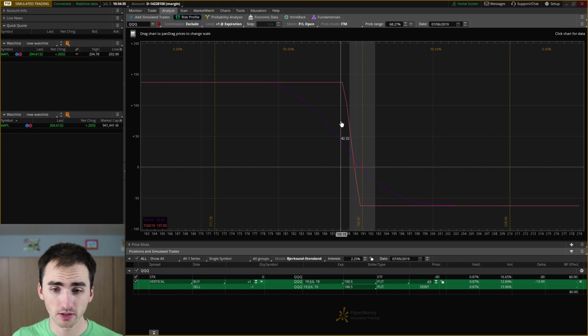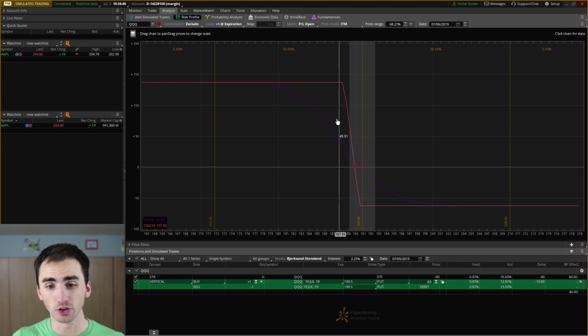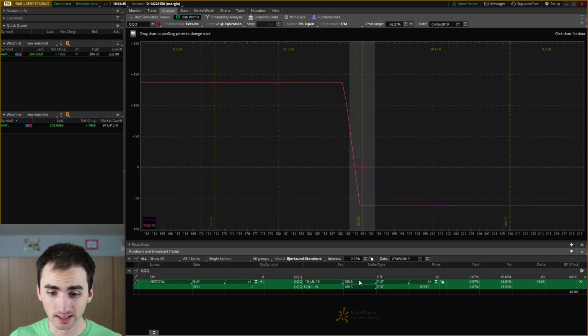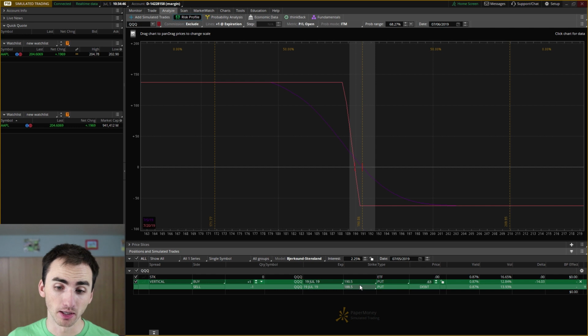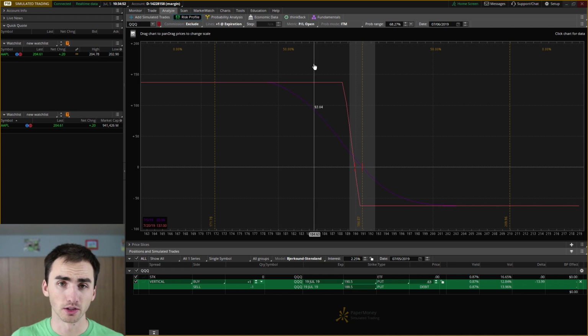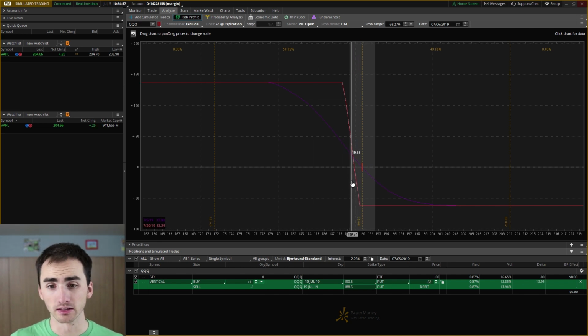So at expiration, if it is below 188, you will hit max profit, and if it's below 190, essentially if it's above the price that we sell and below the price that we buy, that's where your max loss and max profit will be, and anywhere in between will be either a small loss or a large gain.